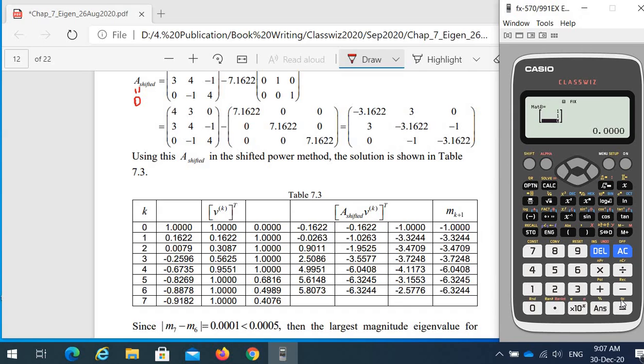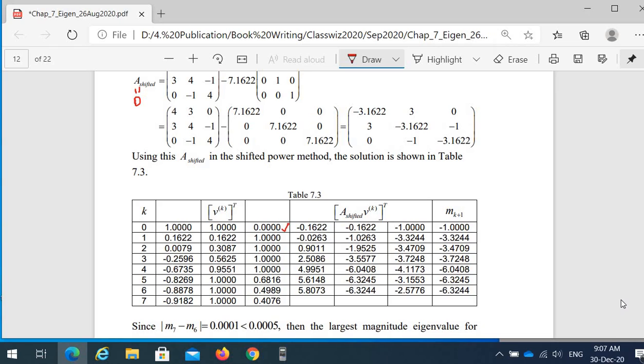Now to do your shifted power method, you take A shifted multiplied by V k. You call back the formula: V at step number 1 is 1 over M1 multiplied by A shifted by V note.